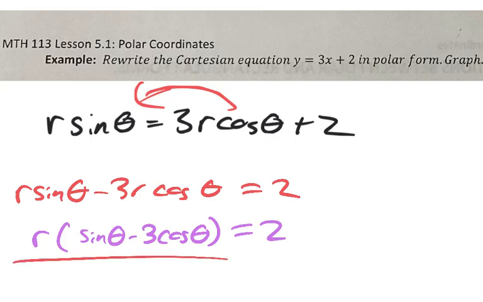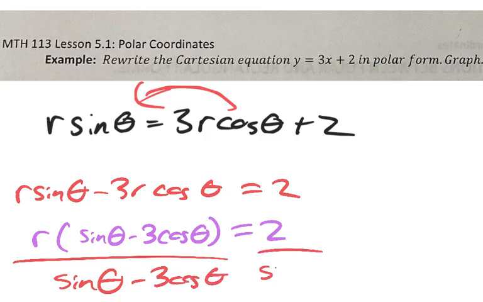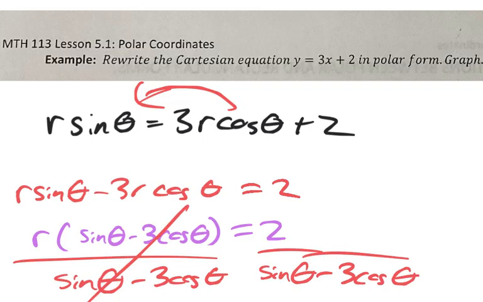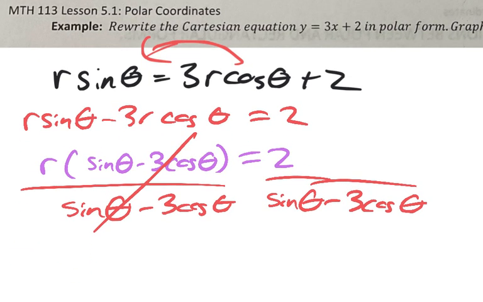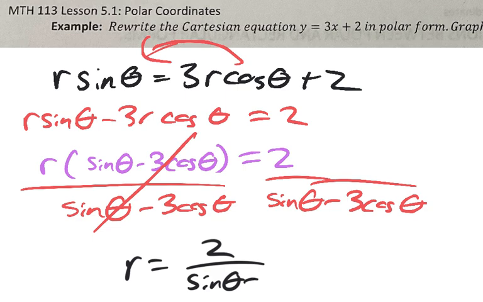Divide by the garbage, because again, I'm trying to get r by itself. Oh, that's so cool. And so here I should get r equals 2 over sine theta minus 3 cosine theta.